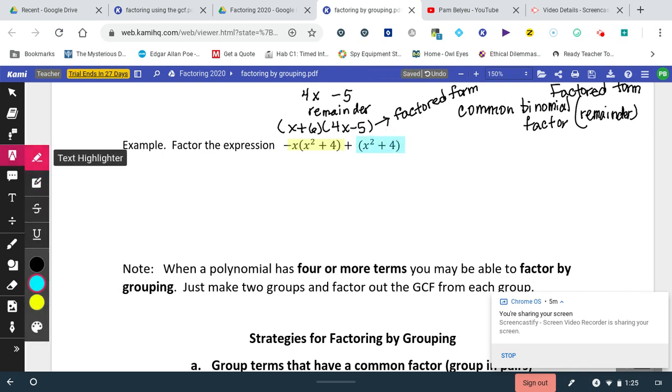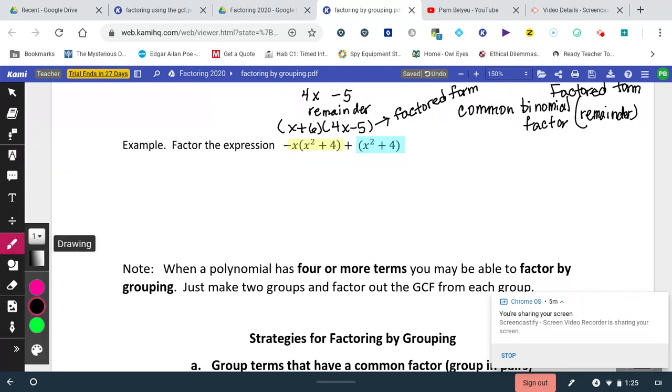All right, so I hope everybody sees x squared plus 4. I mean, it's jumping right out at you. So the common binomial factor is x squared plus 4. This thing is not wanting to write correctly. It's not x, but x squared plus 4.